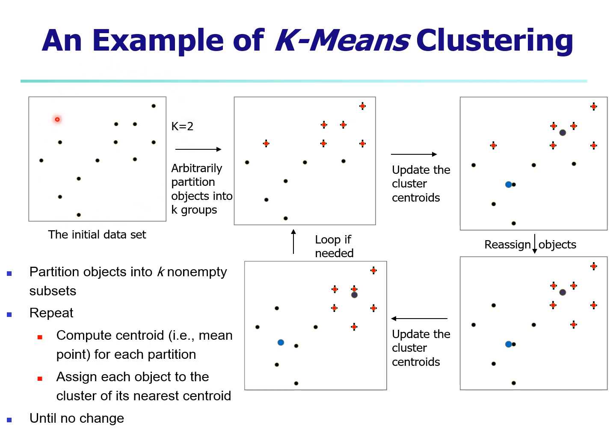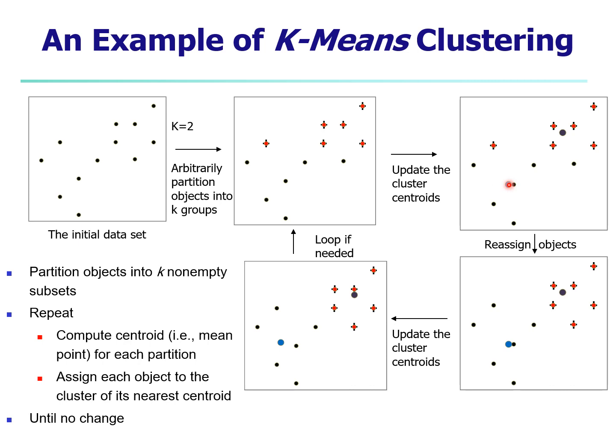This is the data set, and we said that K will be 2. So it's an arbitrary partition of objects into K groups. We'll be identifying two groups arbitrarily, without any considerations. Now, we say that these objects belong to this group and these objects belong to this group.